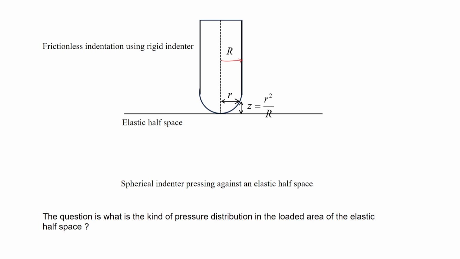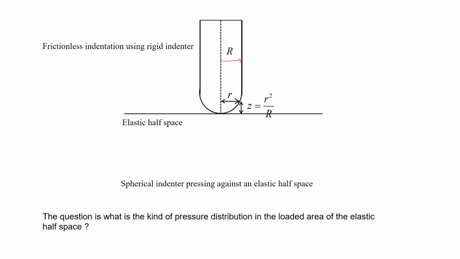This rigid indenter is pressed against the elastic half space, and we would like to know the pressure distribution in the loaded area of the elastic half space. We will also derive the expression for work of adhesion, and then see whether we can get back to the results of Hertz mechanics and also JKR contact mechanics.